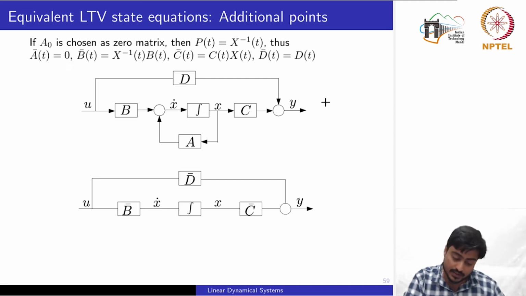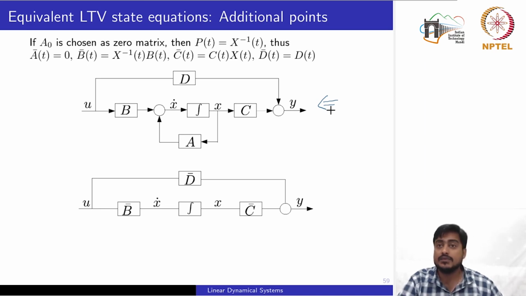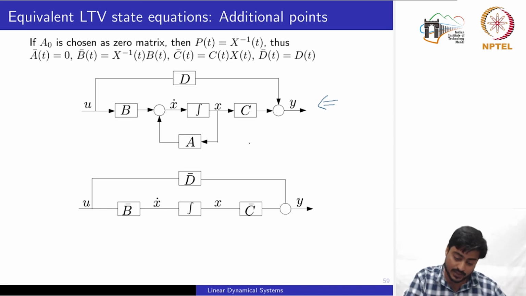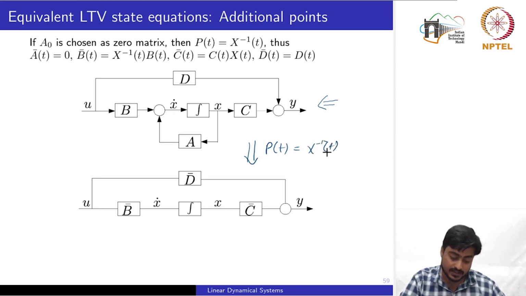So if this is my original time varying state space representation, I can transform it into this part by using P of t equal to x inverse of t, where there is no longer an A matrix.